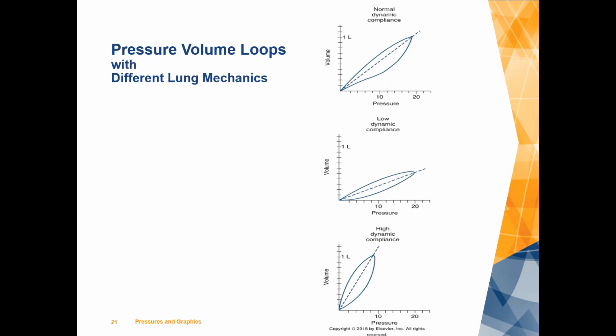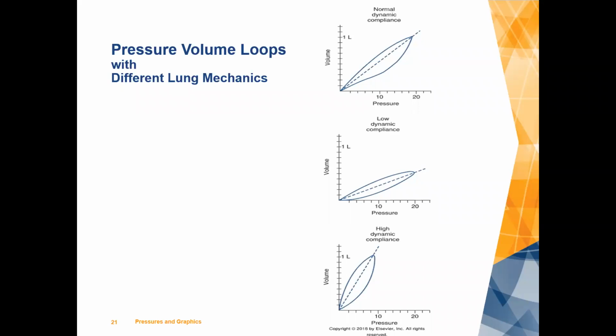The one in the middle is low dynamic compliance, where for every increase in volume, there's a disproportionately higher increase in pressure. That would be low compliance, versus a patient that has a saggy lung.